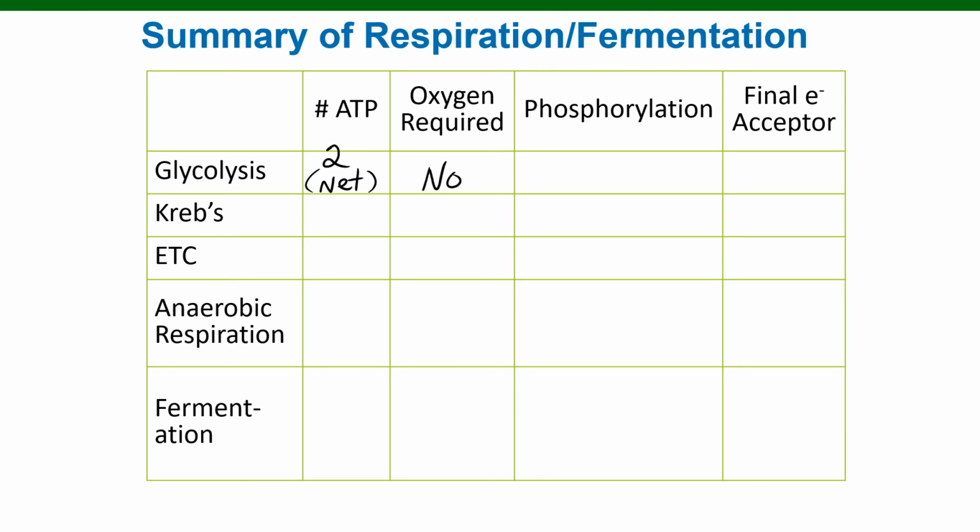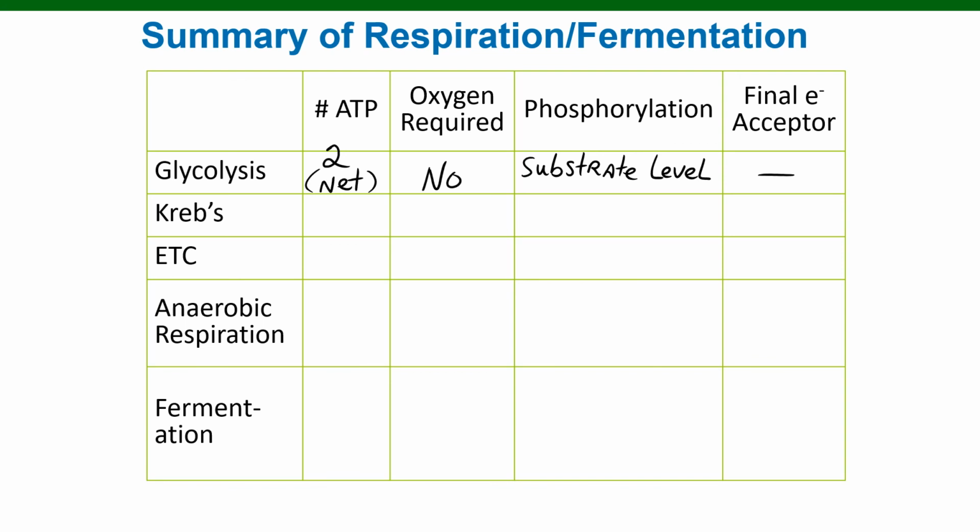And when glycolysis generates ATP, it is through a substrate-level process. And there really is no finality to glycolysis. It is just a step that leads to other steps in metabolism. So we're not going to talk about a final electron acceptor in glycolysis.